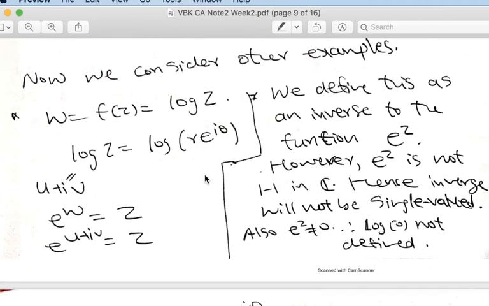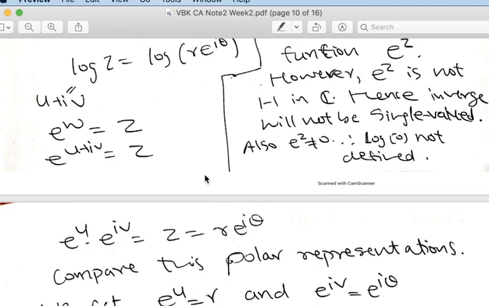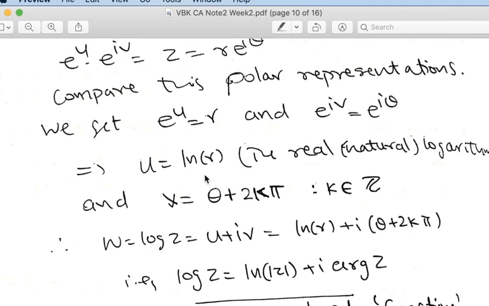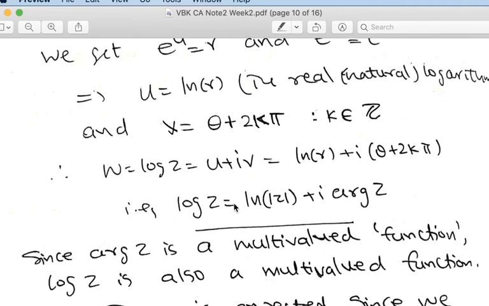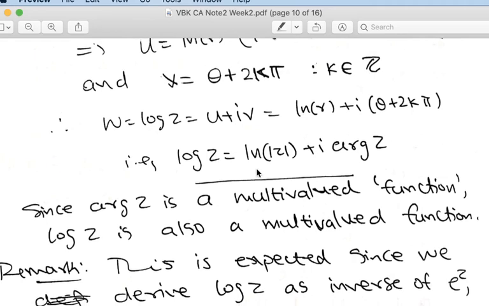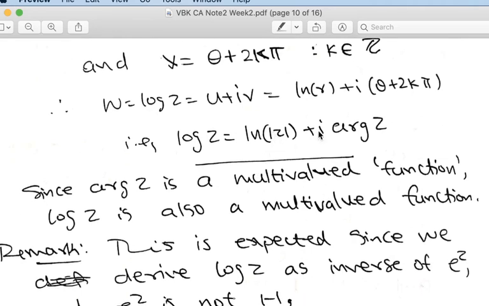Now, let us consider a very important function called log z. So, log z we define as an inverse of the exponential function. Okay, so now this computation will tell you that this is a natural logarithm. Log z is given by ln mod z, this is the natural logarithm of mod z, plus i into arg z.